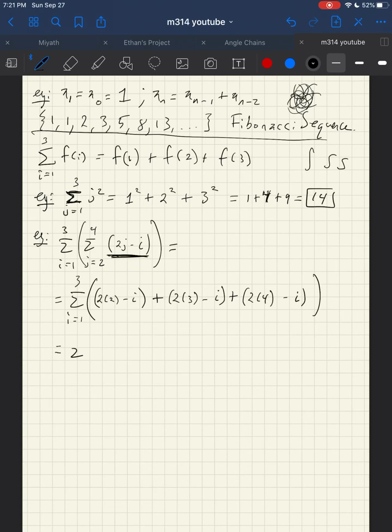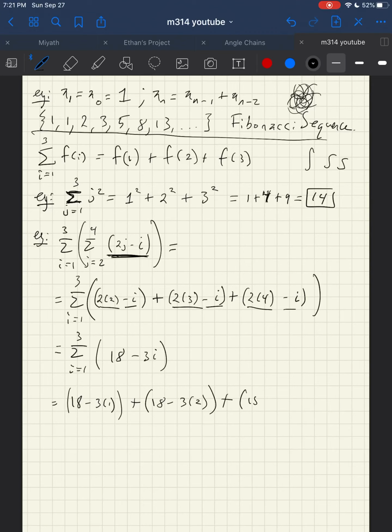And this becomes the sum as i goes from 1 to 3 of what? Well, it's 4 plus 6 plus 8. 4 plus 6 plus 8 is 18. Minus i, minus i, minus i, so 18 minus 3i. And now I've got, just like the sum before, a function in a single index. So this is going to be 18 minus 3 times 1 plus 18 minus 3 times 2 plus 18 minus 3 times 3.